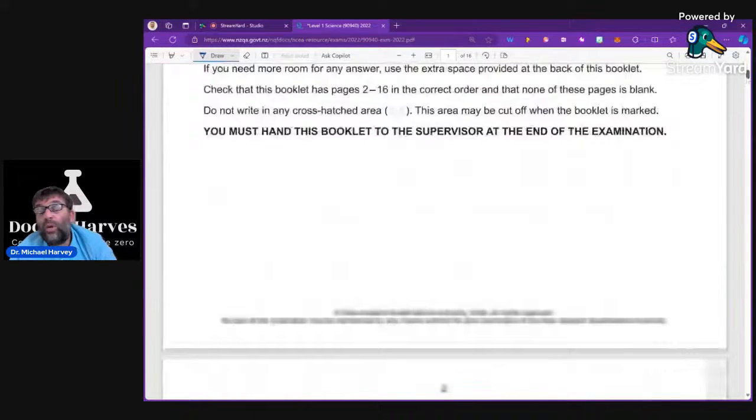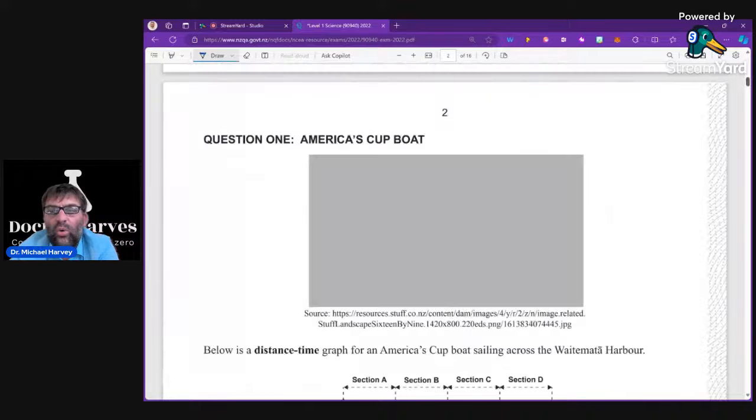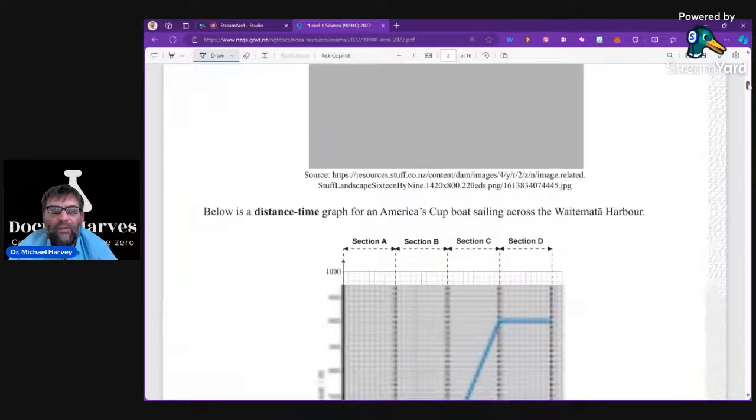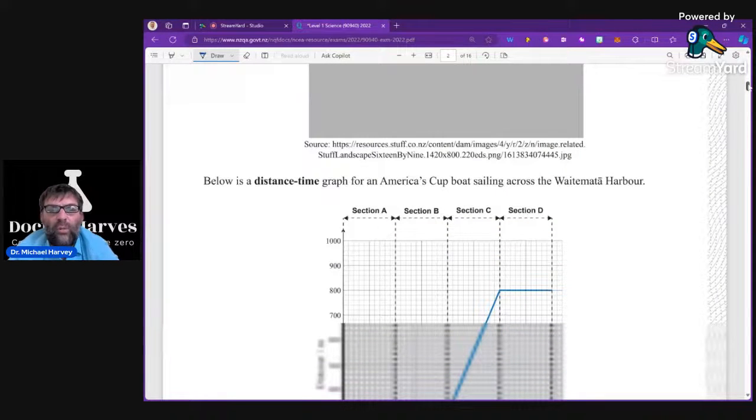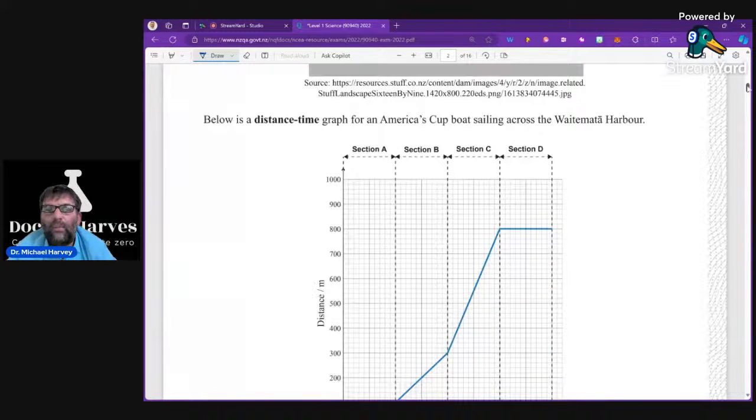So the first question from 2022 was the America's Cup boat. It gave a distance time graph for an America's Cup boat sailing across Waitemata Harbour in Auckland.